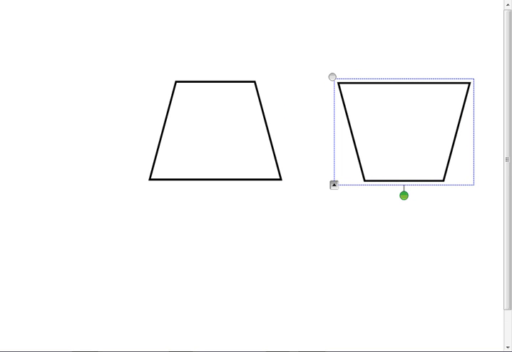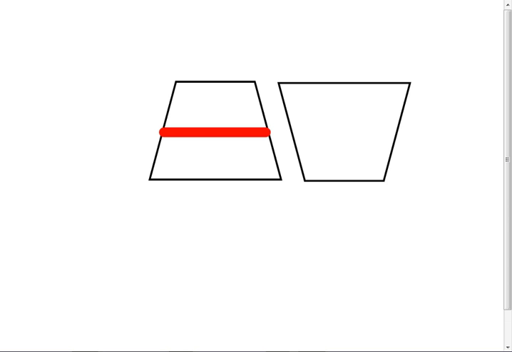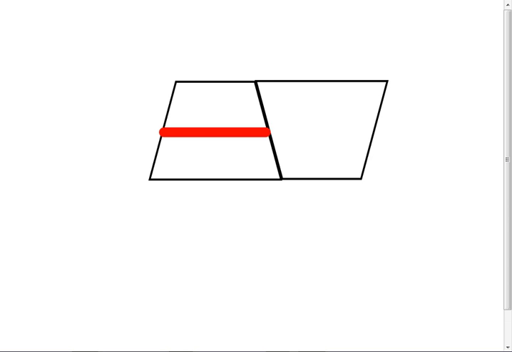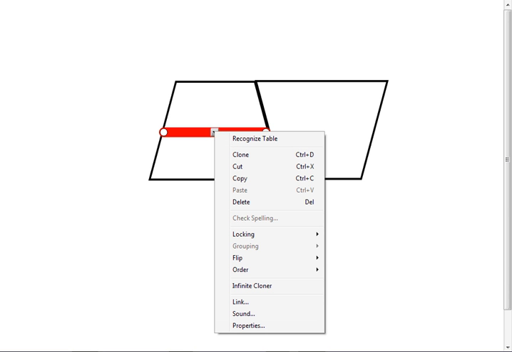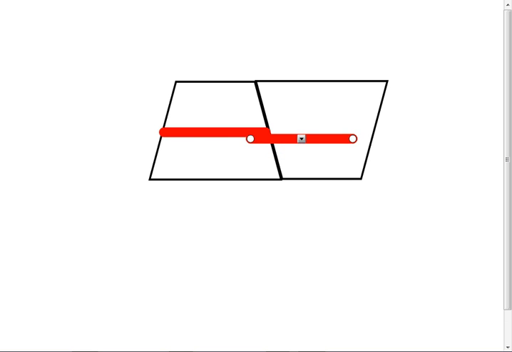Okay, so I'm going to draw the mid-segment on this particular trapezoid. There it is. Now, I made a double of my trapezoid, and so I'm going to put this together here like this. And what's true about the mid-segment for my other trapezoid, it's going to be the same. So I'm going to put this in here.